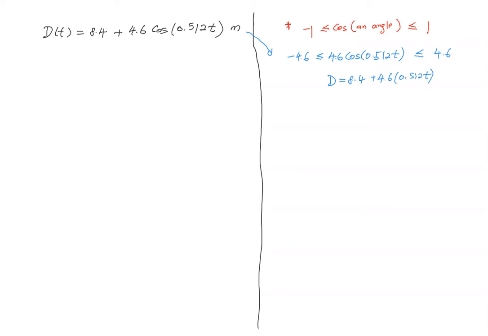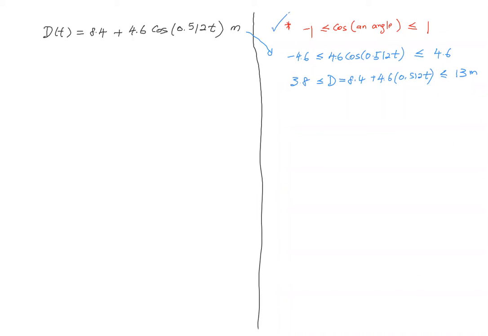So 8.4 plus 4.6, 8 plus 4 is 12, so 13. Am I right? And the lowest, 8.4 minus 4.6, so 3.8. So this is a very important fact.